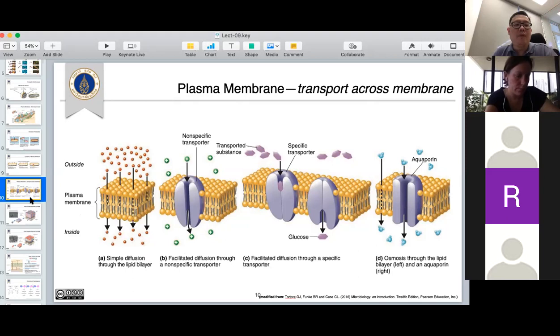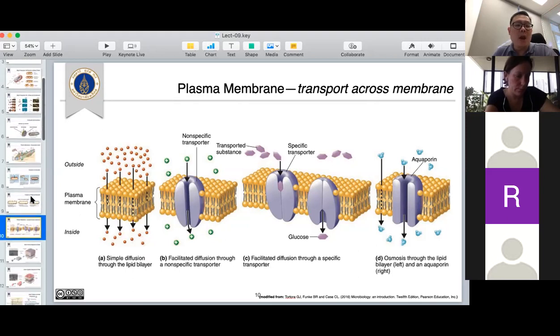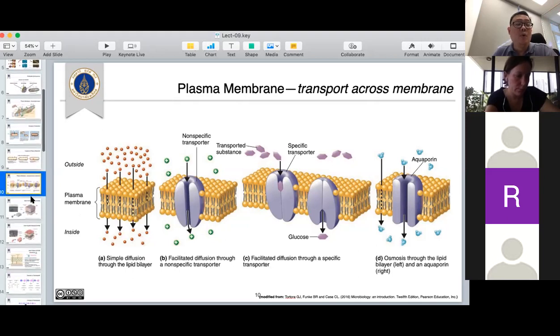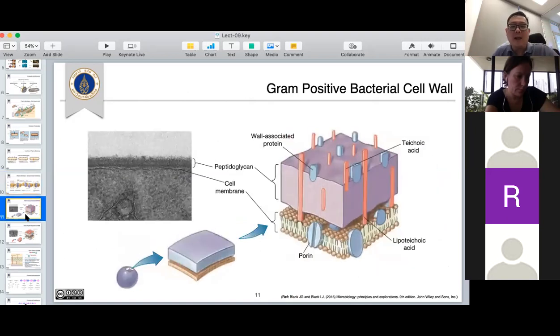So from the membrane, we move a little bit to the cell wall. So the cell wall is the very rigid part outside of the membrane. In bacteria, as you know, there are two different types of cell wall. One is the gram-positive cell wall. If you see this picture, the cartoon, the brown one is the membrane. The purple one is the cell wall.